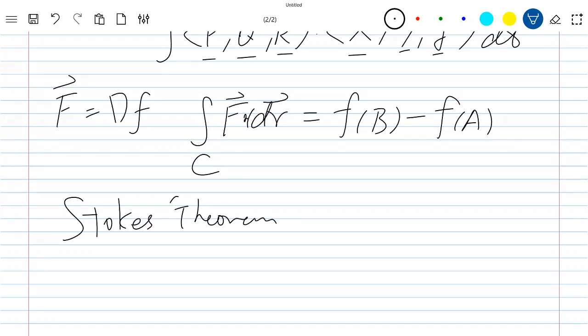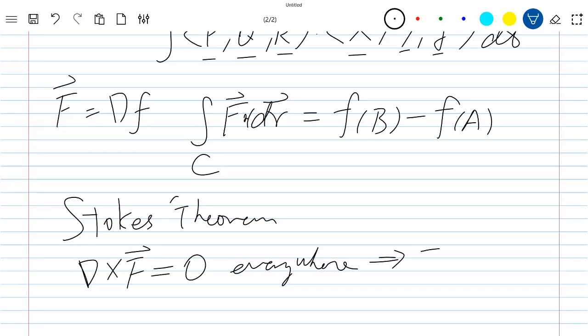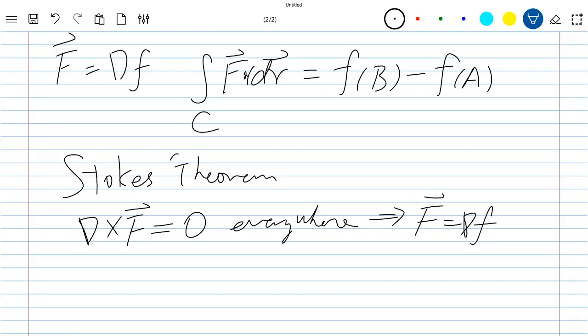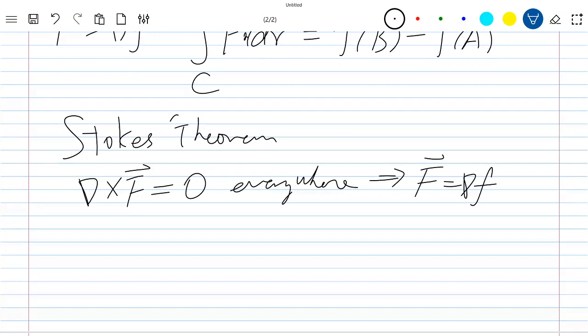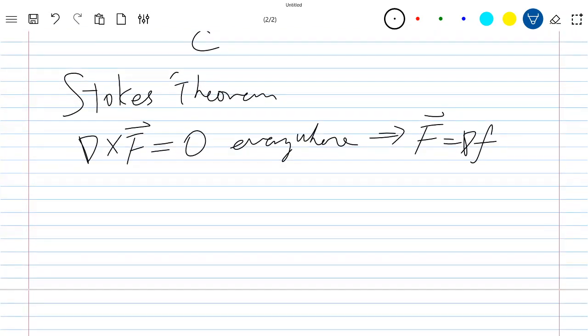It tells you that you only need to check one thing: the curl of F. If that equals 0 everywhere, then we can always find the little f, the potential for this field. And we will go over how to find its curl. Once you verify that this curl is 0, you can solve for this little f.